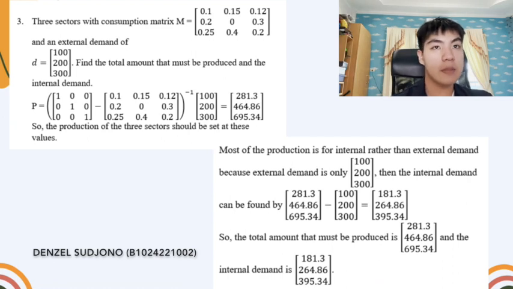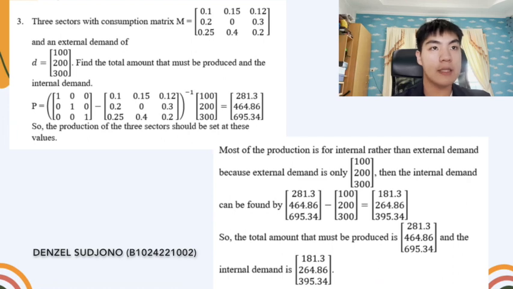Then the internal demand can be found by 281.3, 464.86, 695.34 minus 100, 200, and 300, which equals 181.3, 264.86, 395.34. So the total amount that must be produced is 281.3, 464.86, and 695.34.